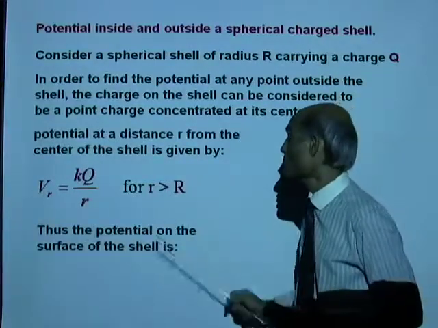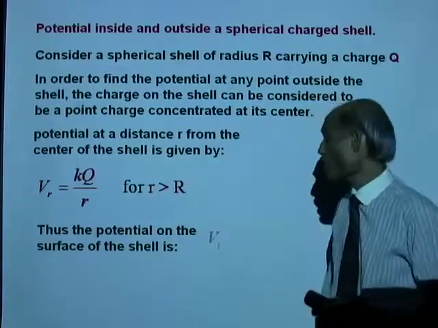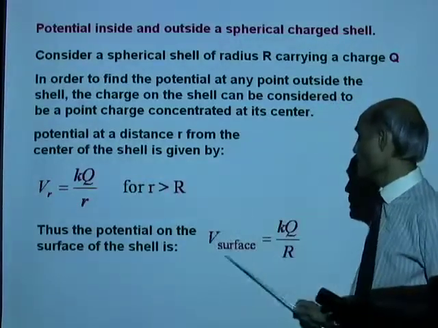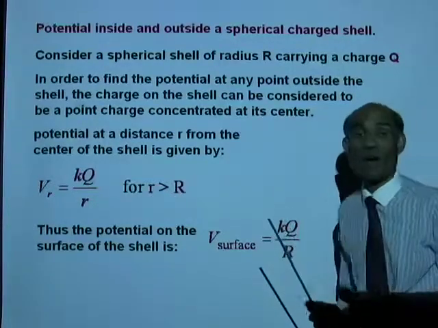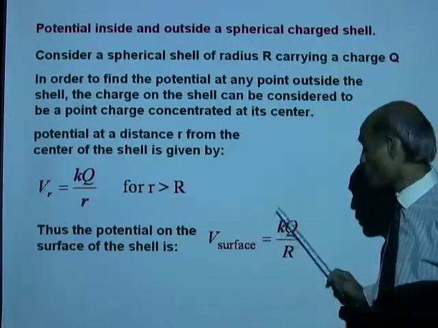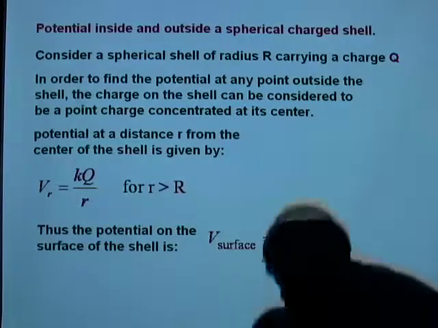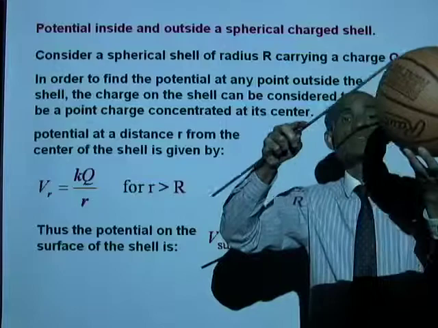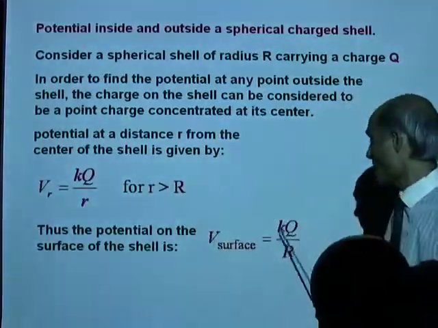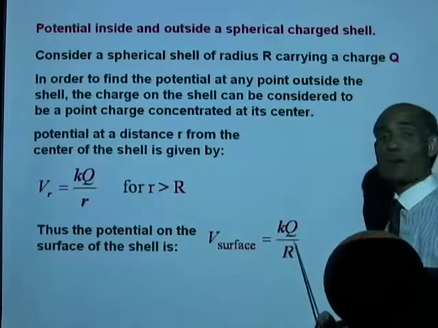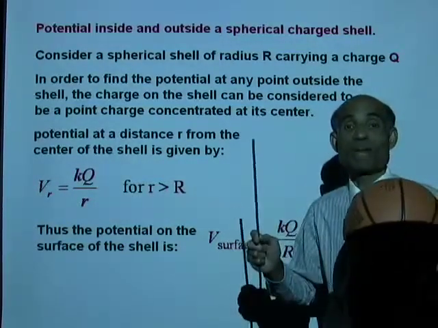Well, thus the potential on the surface of the shell, what is the potential on the surface of the shell? It is kq over r, where r is the radius. So, everywhere on the surface of the shell, the potential will be a constant, and that will be kq divided by r, where r is the radius of the shell.